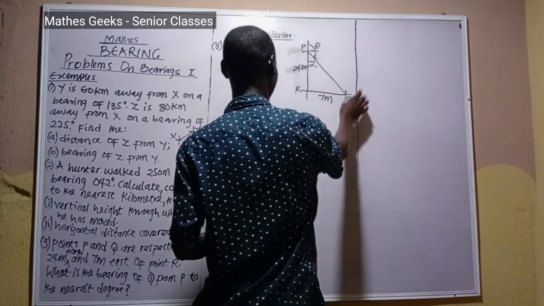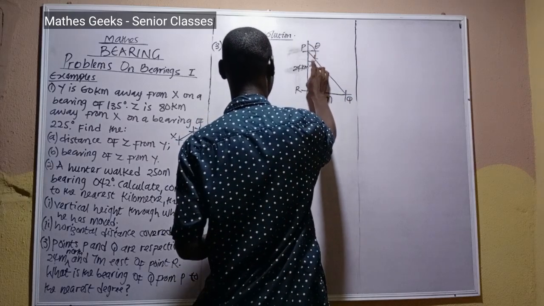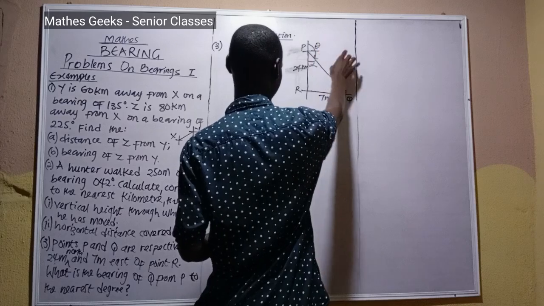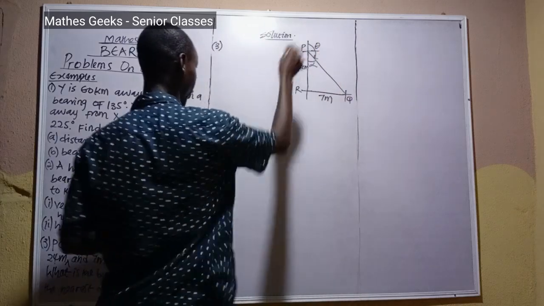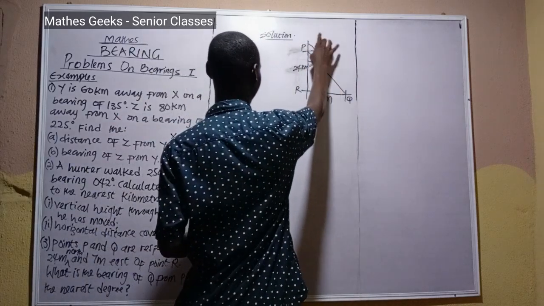So to get the bearing of Q from P, we want to know alpha. We can subtract alpha from 180 degrees to get the value of theta.